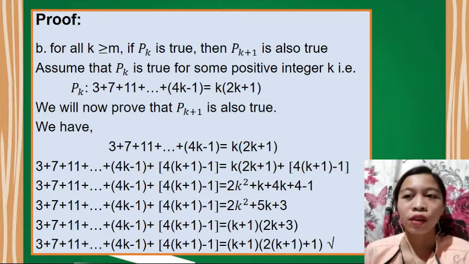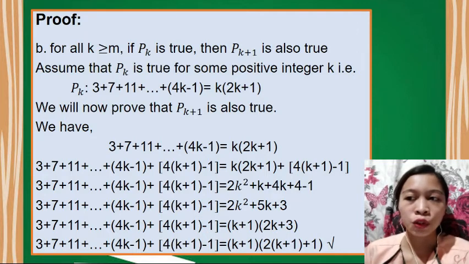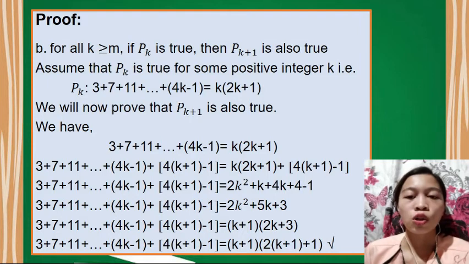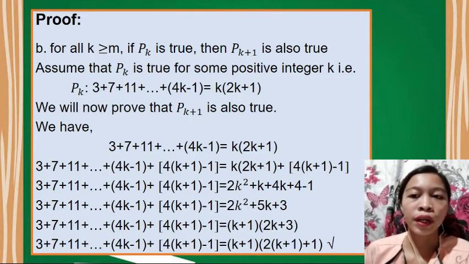So we have, this is our given, 3 plus 7 plus 11 plus dot dot dot plus 4k minus 1 equals k times 2k plus 1. So we are going to add the term for k plus 1. So we have 3 plus 7 plus 11 plus dot dot dot plus 4k minus 1 plus 4 multiplied with k plus 1 minus 1.